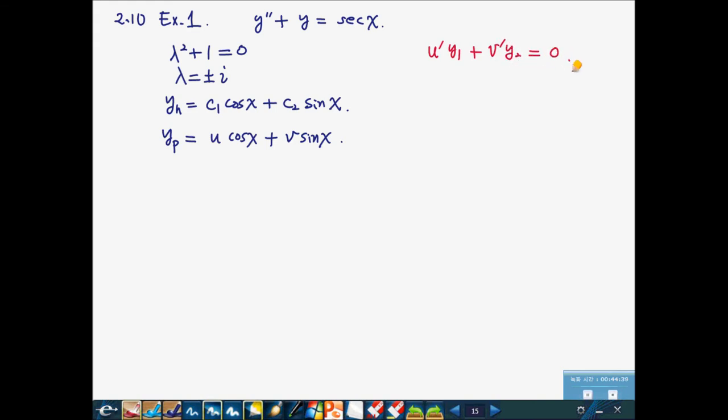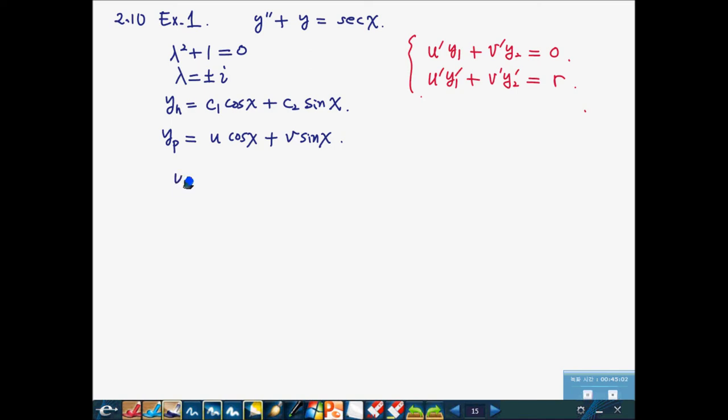That was our assumption, right? And u prime y1 prime plus v prime y2 prime is R, right? That was our two relationships. And you understand how you come up with that, right? Then you do that.